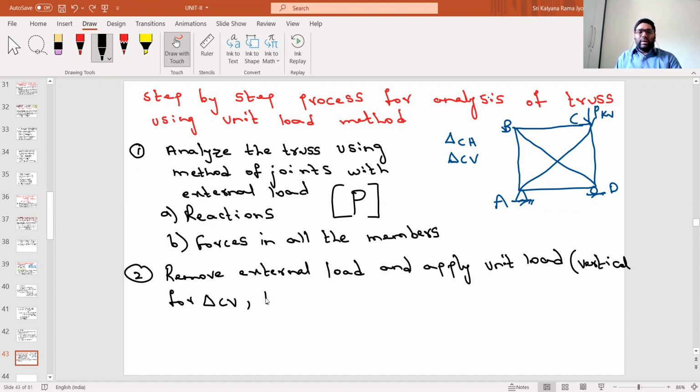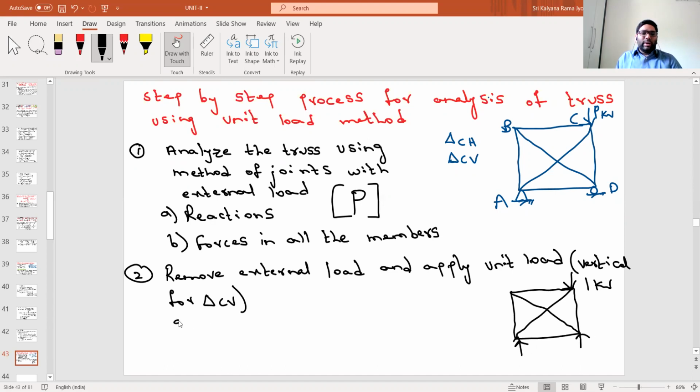First let us say vertical; let us talk about horizontal later. So first, unit load, vertical. What will happen? In this truss, I am removing the load P. So this will be 1 kilonewton.